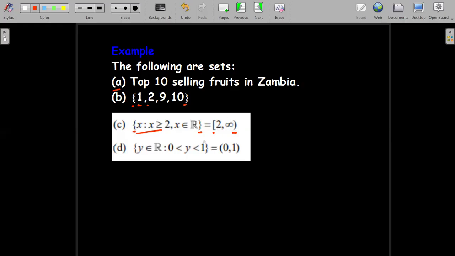The square bracket given at the end is what we call interval notation, which we'll further look at as we go deep into set theory. But yes, here we are using that square bracket and the parenthesis on the other side.